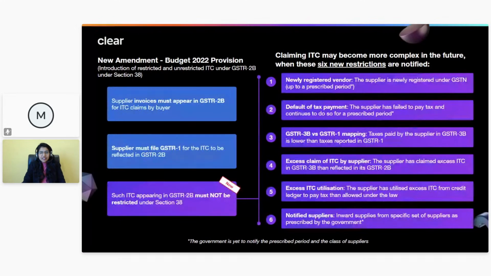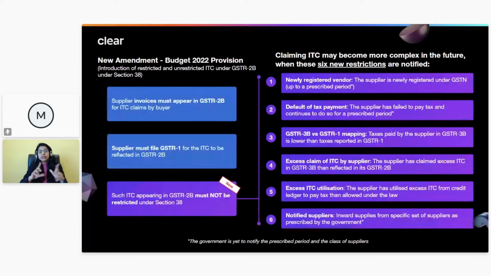Rajesh, if I talk about the excess ITC utilization, you know that there is Rule number 86B, right? This particular rule is applicable to certain taxpayers, and there are certain exceptions to that. What it says is that while you are filing your GSTR 3B, you cannot claim 100% of your ITC, because such taxpayers mainly have enough ITC that they don't even have to discharge the liability in cash at all. Every time they can utilize the ITC for making the payment of the liability.